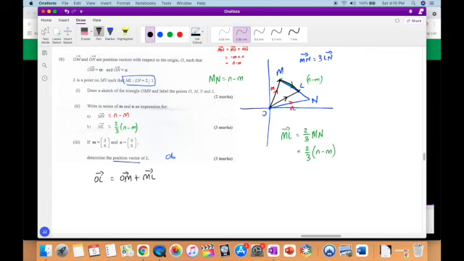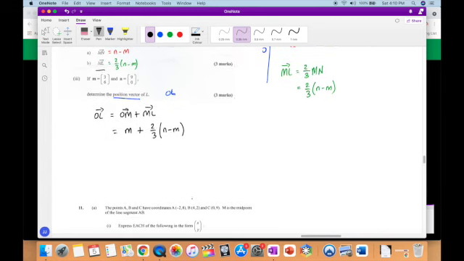And you can see there that those M's could cancel off. So where's OM? OM is just M plus ML, which we worked out here to be 2/3 into N minus M.